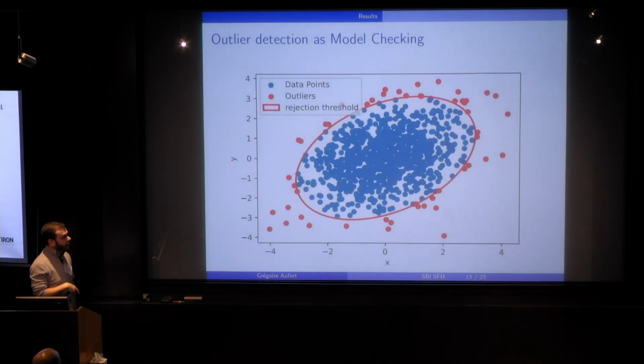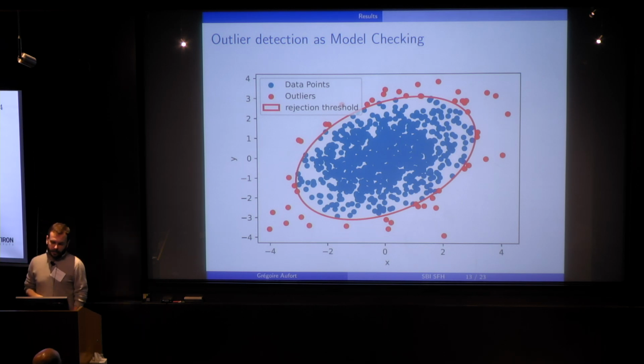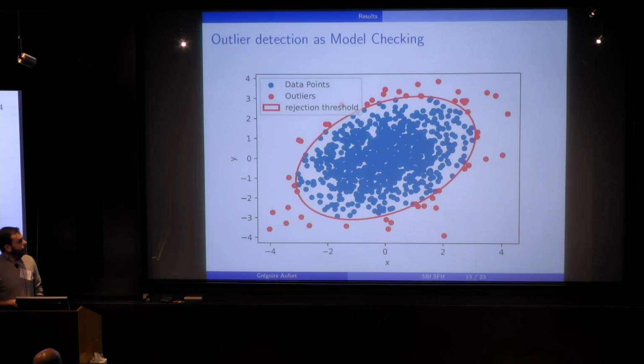What does that mean if you consider the Gaussian case and the statistic to be the negative log likelihood? You will check that the density of your observed quantity is high enough given the prior predictive distribution.